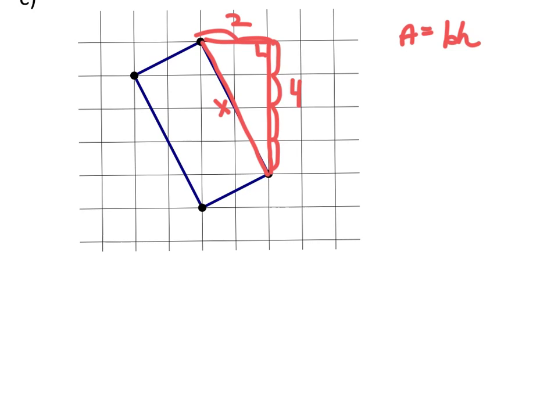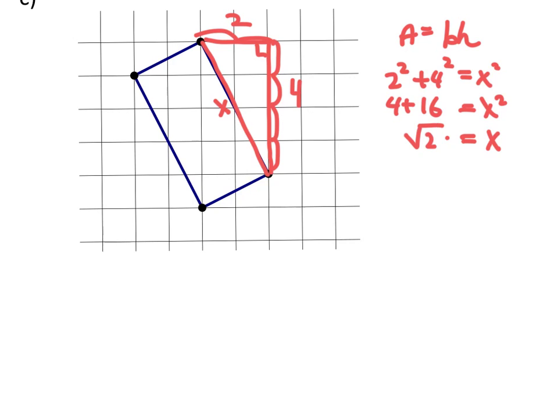So applying the Pythagorean theorem, 2 squared plus 4 squared is equal to x squared. So x is going to equal the square root of 20. So that x dimension is the square root of 20.